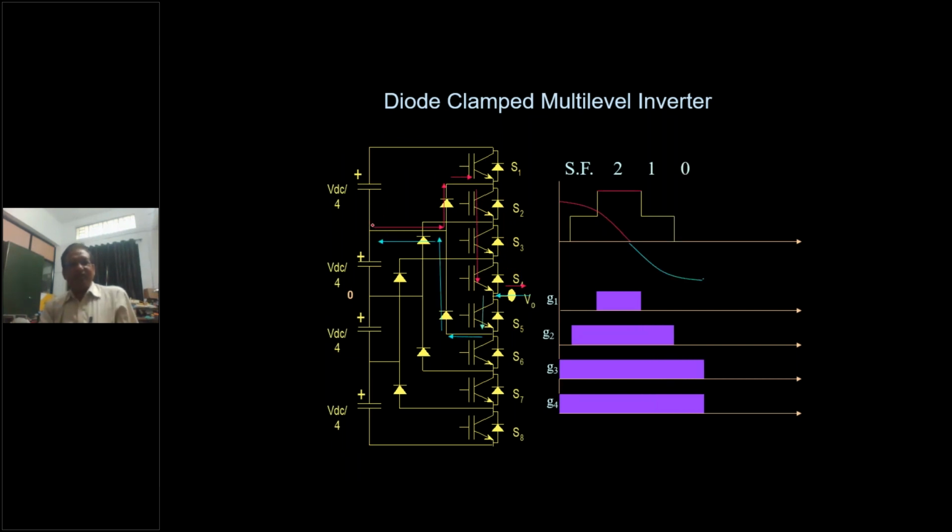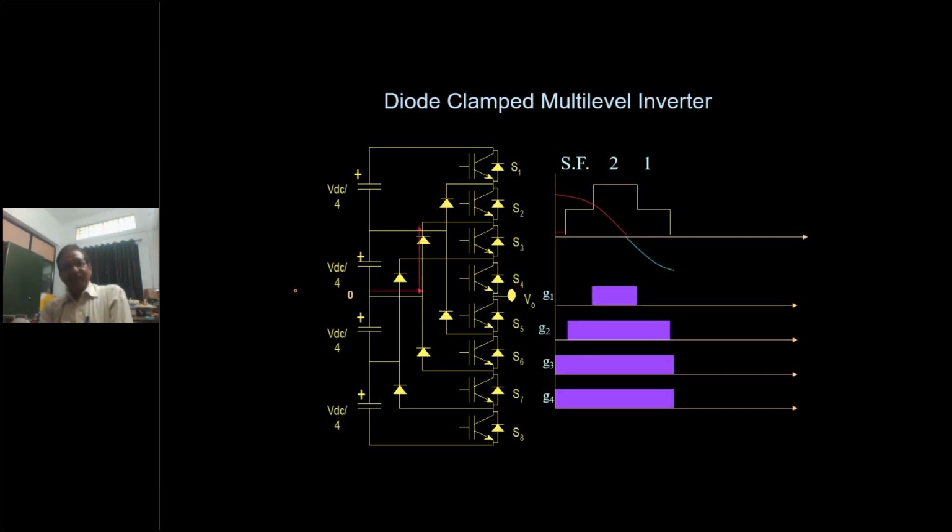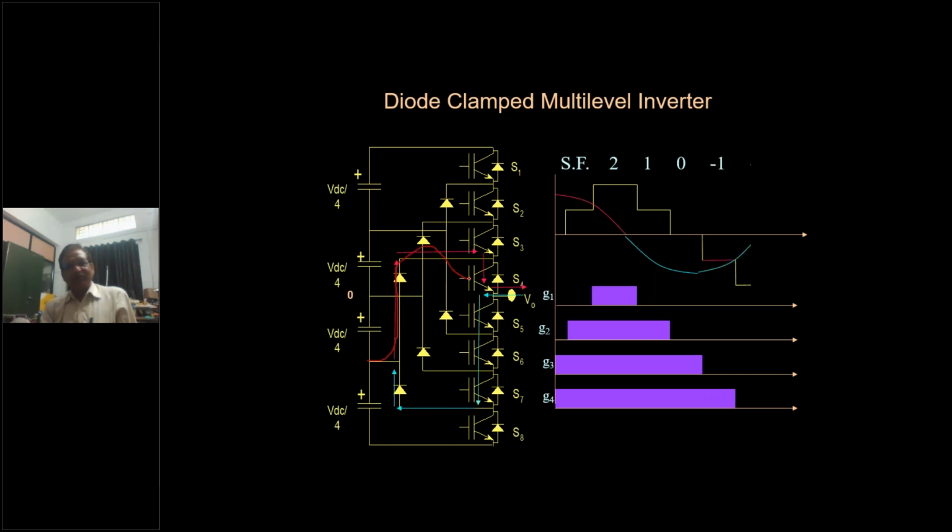So now output voltage is VDC by 4. This much voltage is out. In last case, this voltage was out. What about next? Okay, now output voltage is 0. No source is there. Next. Now this is output voltage. This point is connected to output.